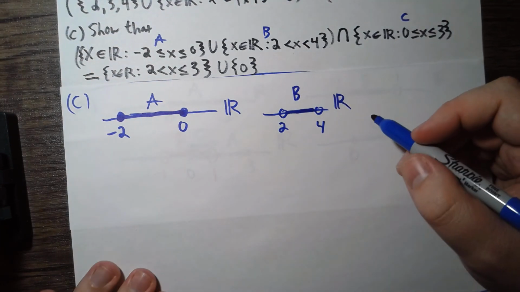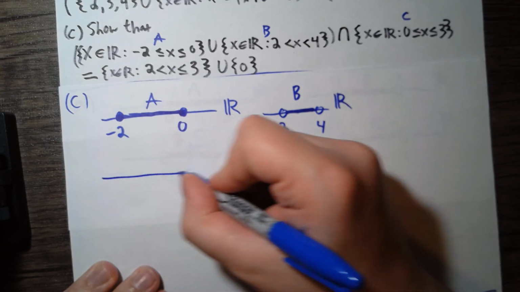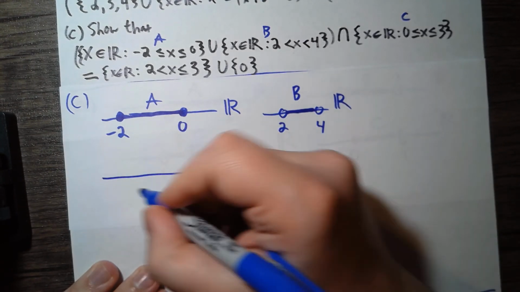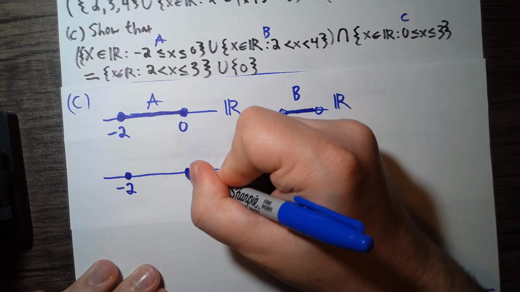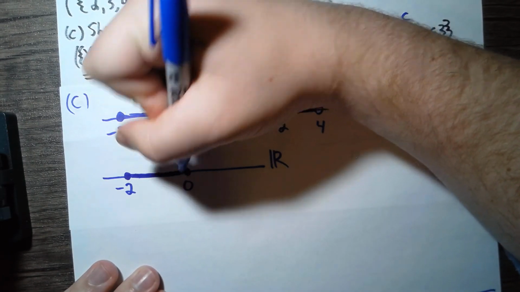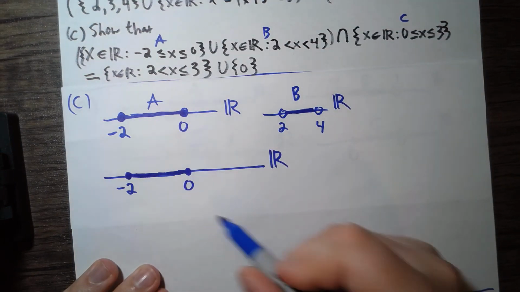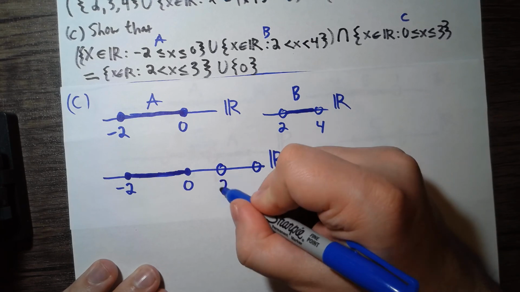So let's figure out A union B, which is just going to be the set of both of these elements. If we have our real numbers here, then we have negative 2, 0, everything in between there, because these elements are in A, and then we'll have something like 2 and 4.